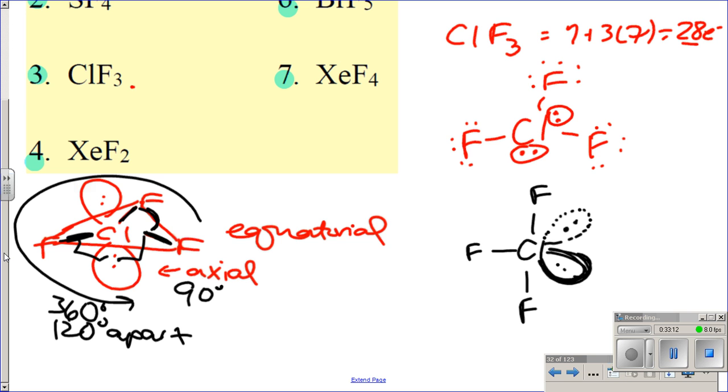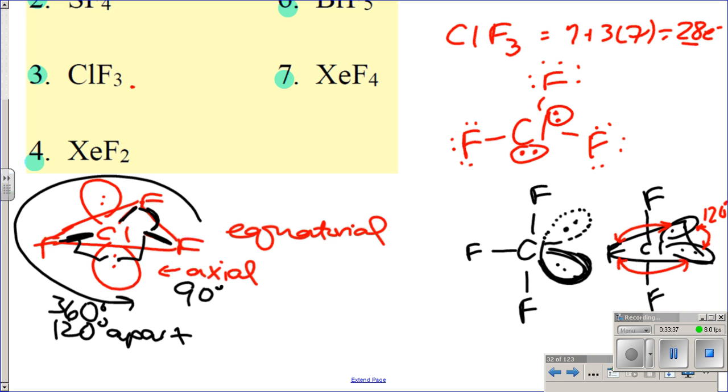I know, my drawing skills are amazing. And you should see that as this. Fluorine in the middle, lone pair, fluorine, fluorine, fluorine. So these lone pairs should be 120 from this fluorine, 120 on the other side, and 120 between, okay?